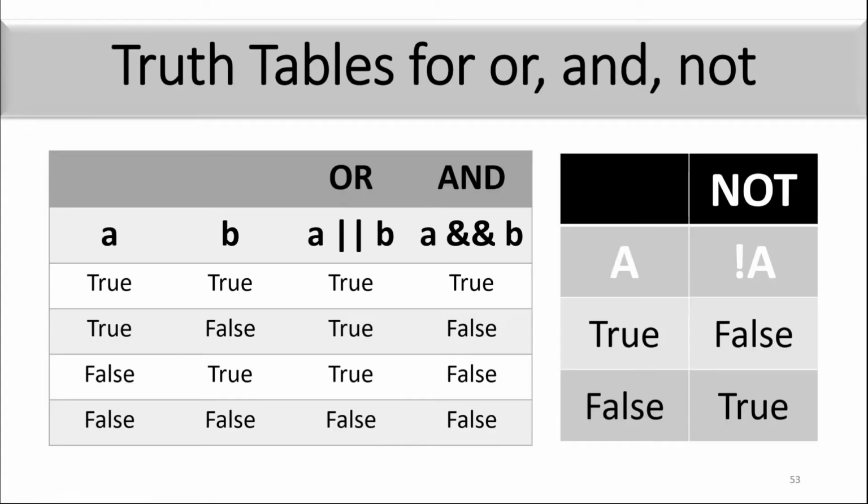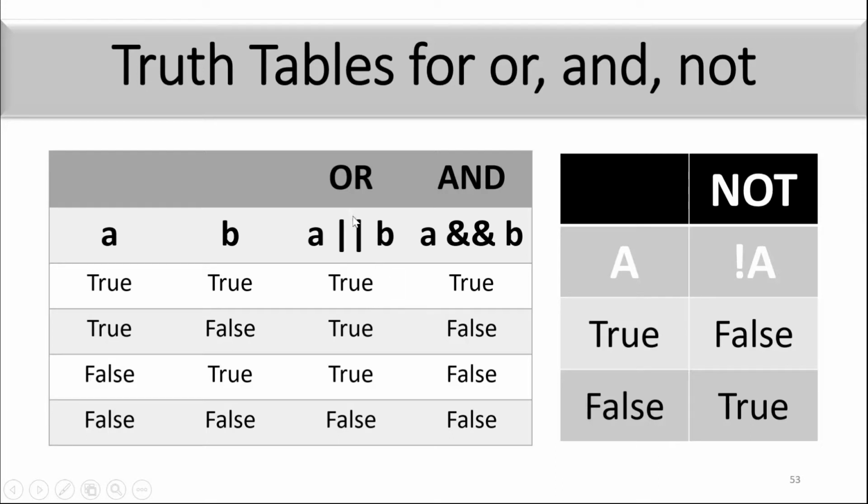As to the truth table for OR and AND, this is how it works. Suppose our value of A is true and our value of B is true, and we have a command that goes as A OR B, wherein A is true and B is also true. Therefore, the result is true.